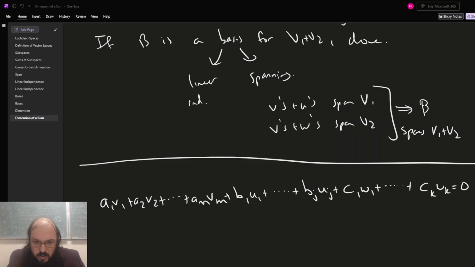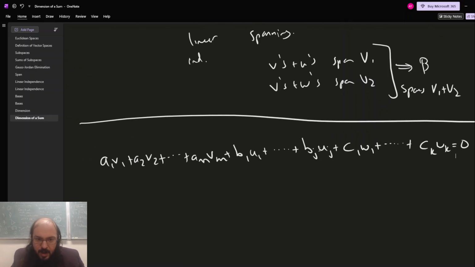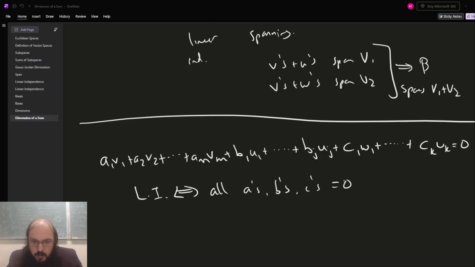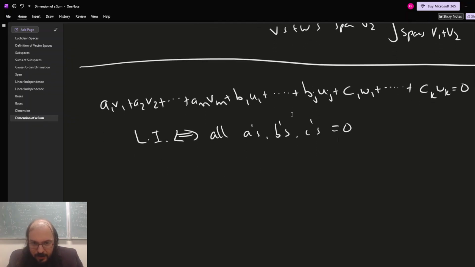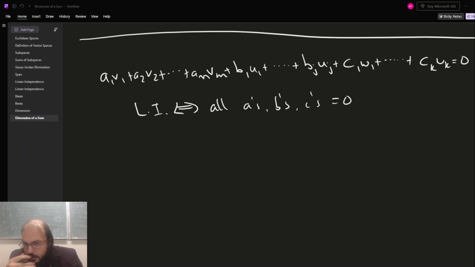I want to set this equal to 0. This is the kind of thing that I want to study, and I need to prove, to see linear independence, that all a's, b's, and c's have to be 0. Okay, this looks like a lot, but the proof is not as bad as we think. It's just that the notation is kind of ugly because there are three kinds of things running around.